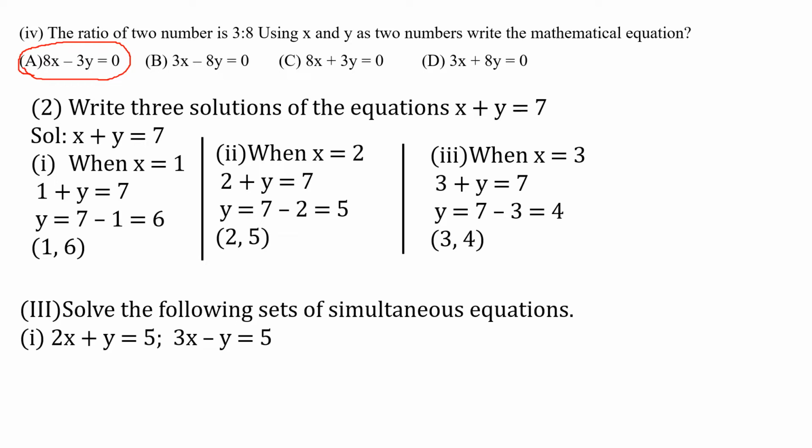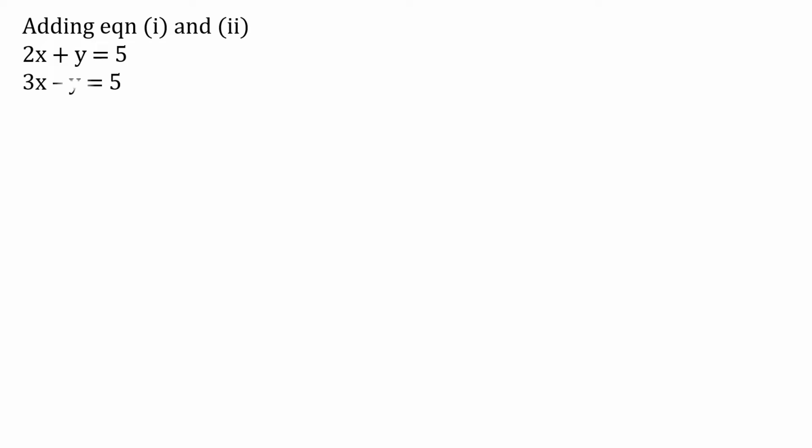This is your exercise sum, students. First we give the equation numbers: 2x plus y equals 5, and 3x minus y equals 5. Both equations have the variable y with the same coefficient, but opposite signs, so we will directly add. Your operation is adding equations 1 and 2, so write down both equations again.